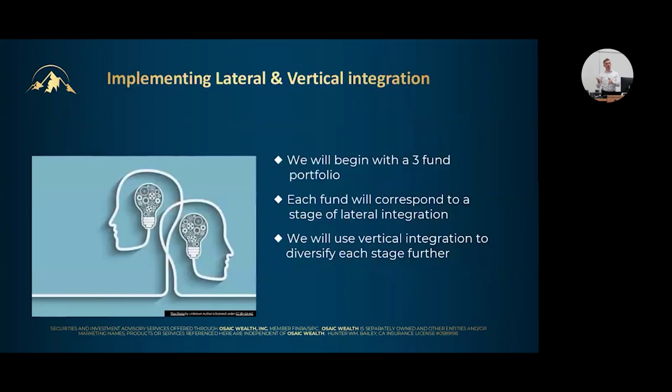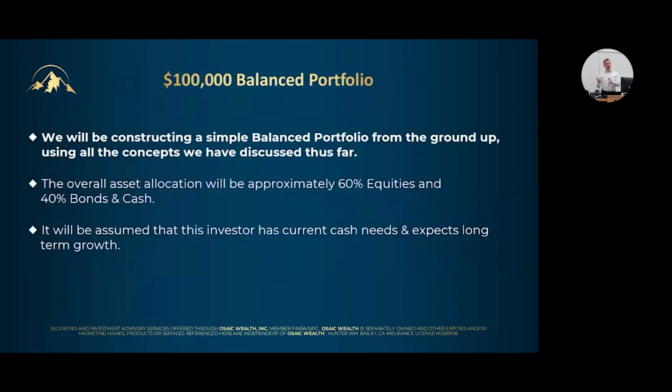So we're going to start with a 3-fund portfolio. We're going to start super simple, one fund for each stage, and each one will correspond to a stage of lateral integration. Then we'll move forward and start choosing other funds to put on top of them to further diversify and get those other things that we talked about. So we're going to start with a $100,000 balanced portfolio.